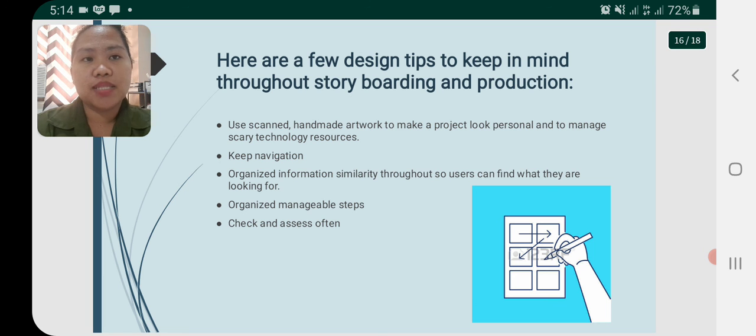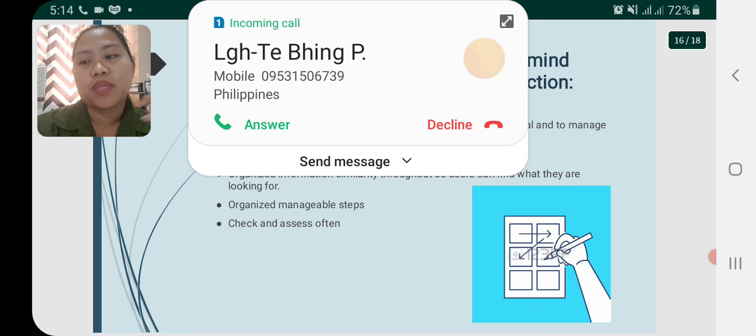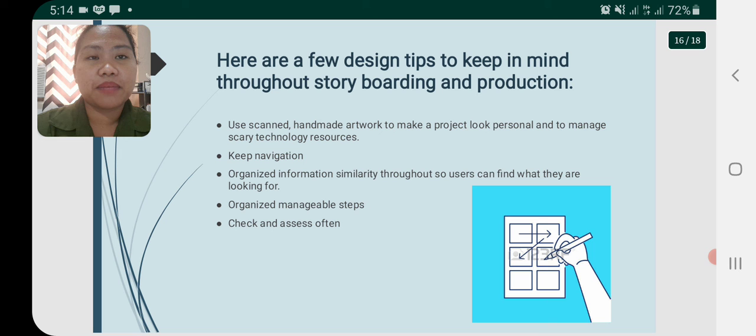Organize manageable steps. Break down the project steps into manageable daily components, considering that the project requires comparatively more time to succeed. Wag tayo magmadali. Kasi ang gagawin natin dyan, kailangan maging maayos ang ating pag-deliver, 'di ba?